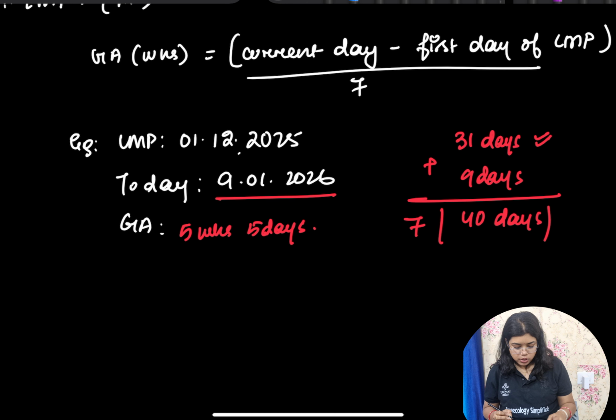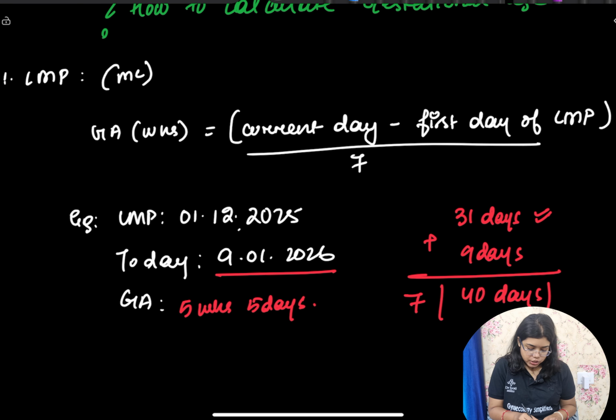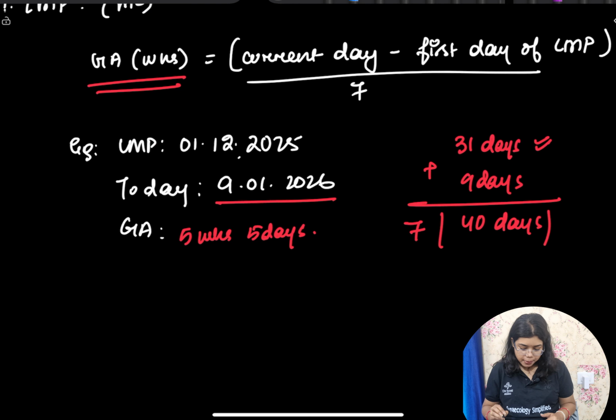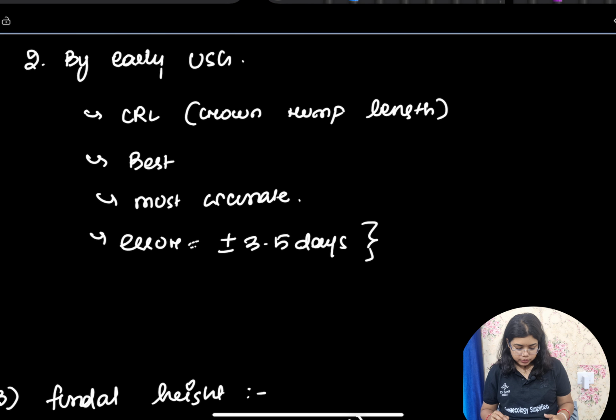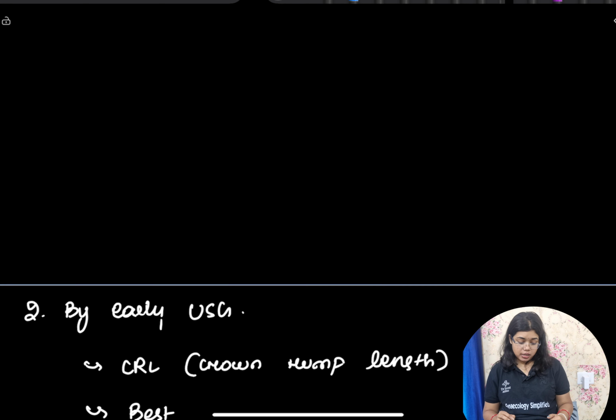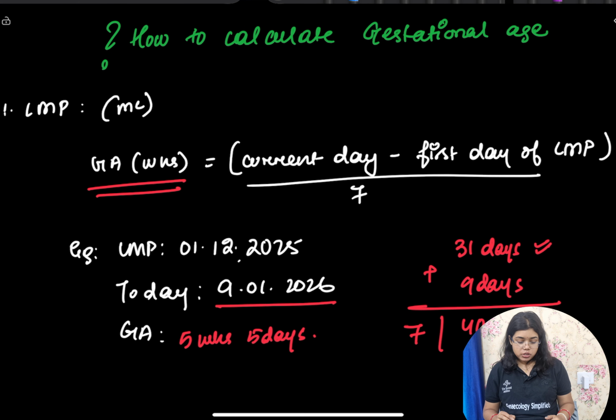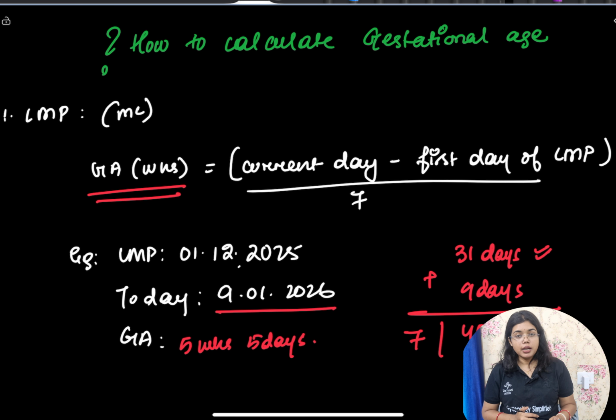Understood? So this is how we calculate the gestational age from the LMP till today. The number of days divided by 7, so that will come in weeks. So we write gestational age in weeks. Another most important thing is that if you are taking LMP, which is the most common method we use, we have to confirm with the patient about her menstrual cycle.